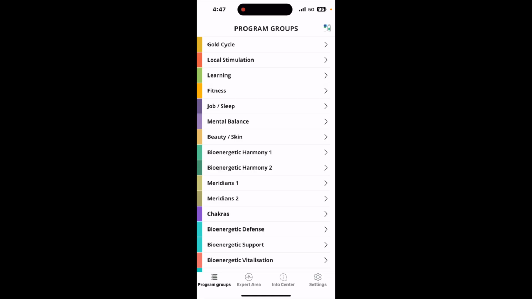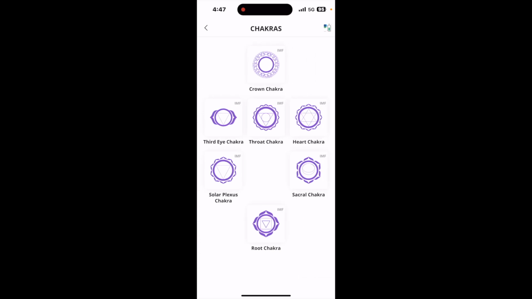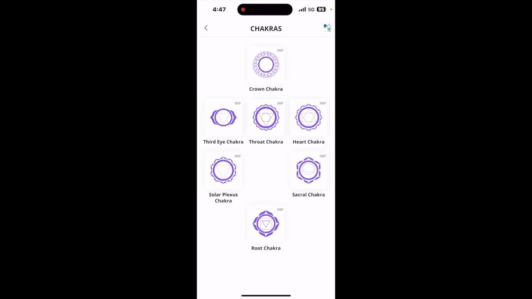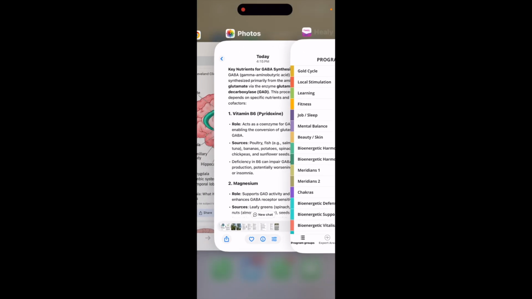If not, you can also use the chakra programs. Each chakra program is about half an hour. While running the program, the person can just sit down and breathe slowly, because slow breathing will calm down your entire system. So slow breathing, 5 seconds in, 5 seconds out. Just breathe while you run the programs.